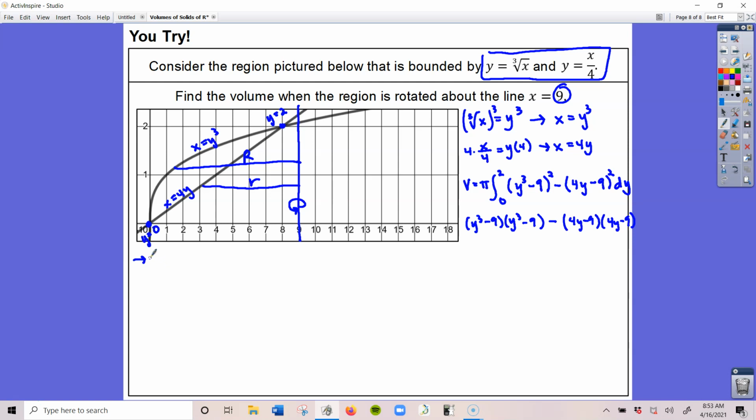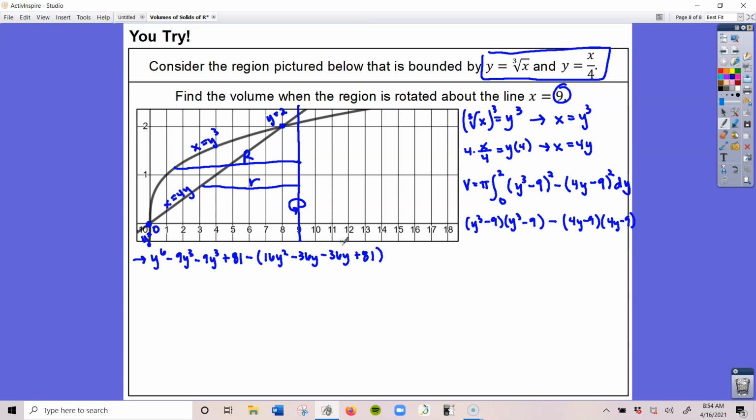So y to the third times y to the third is y to the 6th, minus 9y to the third, minus another 9y to the third, plus 81, minus, and I'm going to open my parentheses so I don't forget to distribute that negative. So this would be 16y squared minus 36y minus another 36y plus 81.